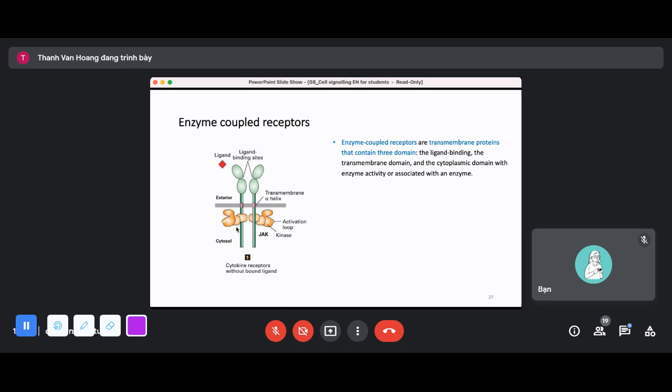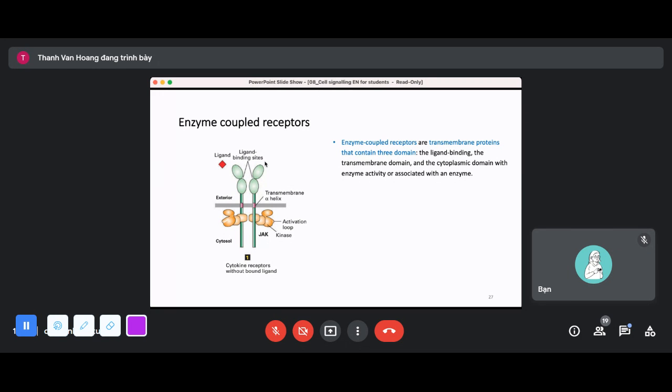It can phosphorylate and activate another receptor, or it can bind to an enzyme and activate the other target protein. So similar to the G protein, please remember very well the structure of the enzyme coupled receptor.